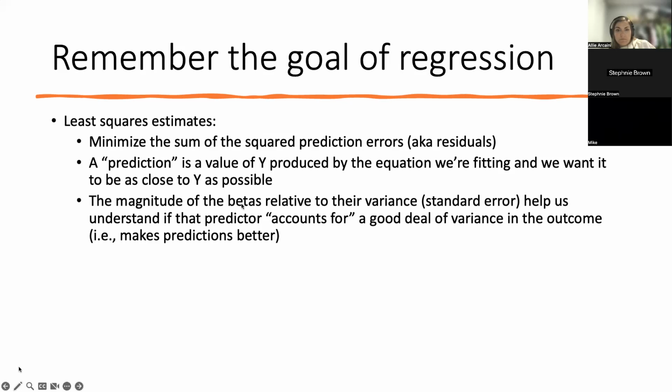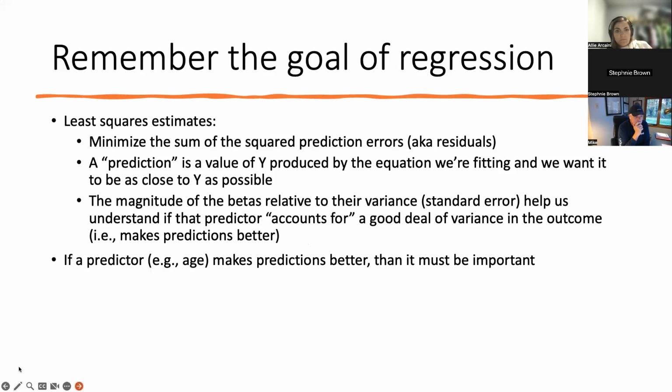The magnitude of the betas, which we'll also call regression coefficients, the magnitude of those numbers relative to their variance helps us understand if that predictor accounts for a good deal of variance in the outcome. That's what the t-tests and F-tests of predictors are about. They're going to be significant if beta is big relative to its standard error. It means that it matters, it helps us, right?